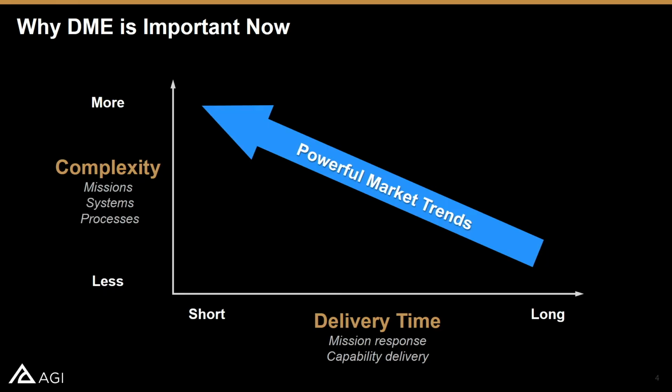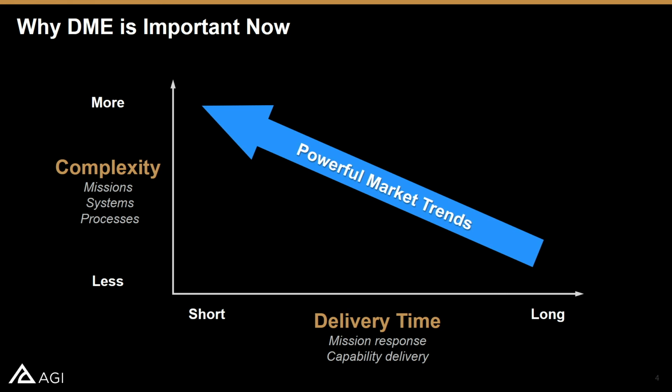At the same time, the competing element is the tolerance for the delivery time, which is shown on the bottom axis. So whether we're trying to respond to a threat that's imminent and rapidly arising on the defense front, whether we're trying to execute a search and rescue or a humanitarian aid mission, or whether we're trying to be the first to market with smart city technologies or 5G technology, the timeline that we're willing to put up with is extremely low.